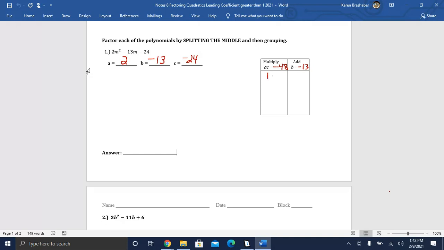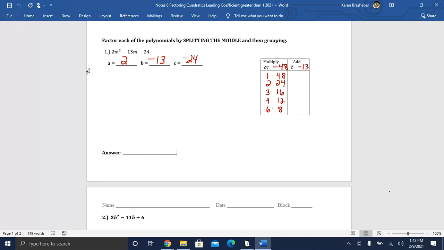So 1 times 48, 2 times 24. Sometimes your list is a little bit longer to get these. 3 times 16, 4 times 12, and 5 does not work, but 6 will. 6 times 8, 7 does not work, and those are all of our factors of 48.